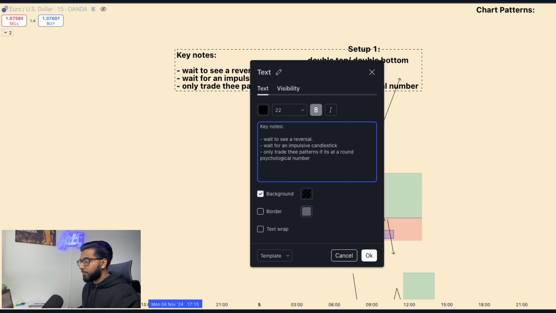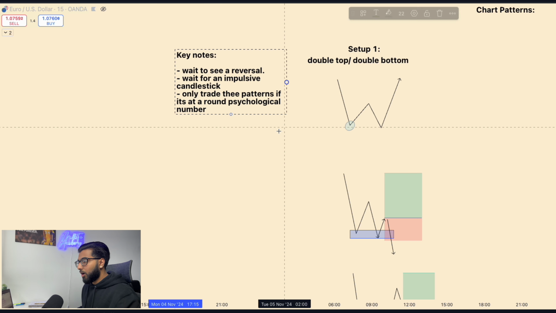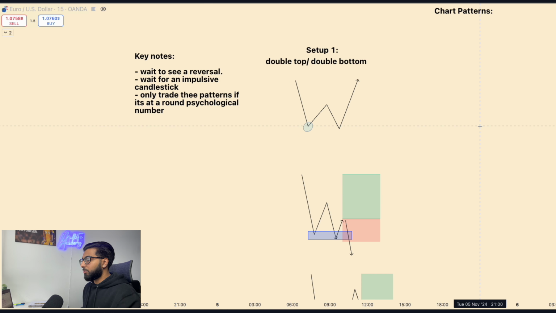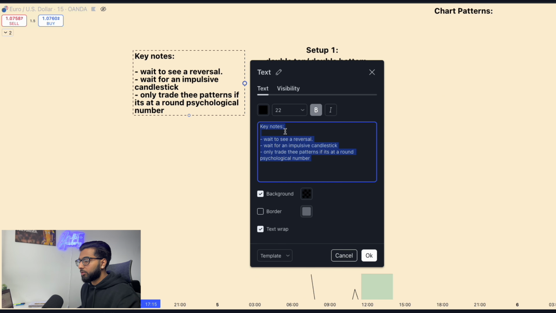Okay, what I mean by this is only trade if you see, let's say, for example, price is at 1.1, right? Or at a round psychological number or a key level, right?